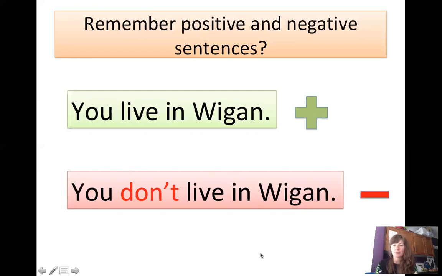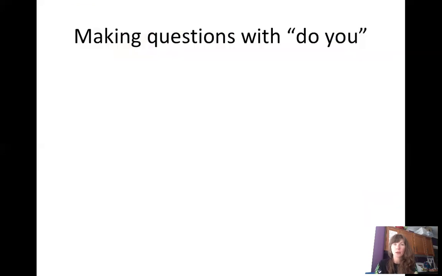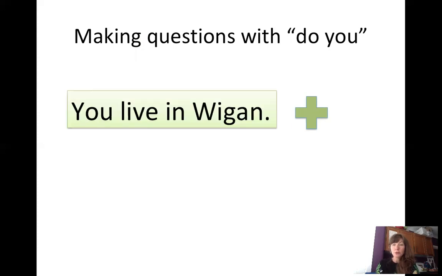Okay, so we've got our yes sentence and we've got our no sentence. And now we need to have a look at questions. So the first thing you're going to do is think about using do you. I am sure you must have heard people use do you before. So we're going to start from a yes sentence, a positive sentence. You live in Wigan. Okay, that is a positive sentence.